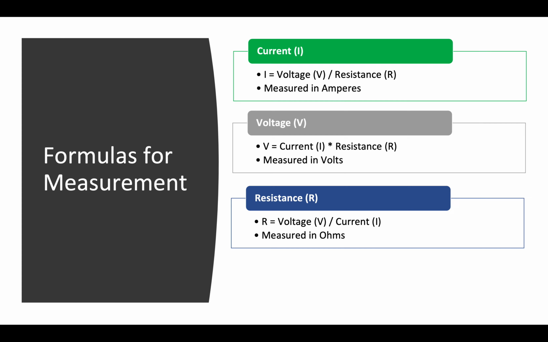Resistance. Resistance measures the hindrance or the impedance on the flow of electricity. 1 ohm is the resistance of a circuit in which 1 volt produces the current of 1 amp. It depends entirely on the material and construction of the device through which electricity flows.